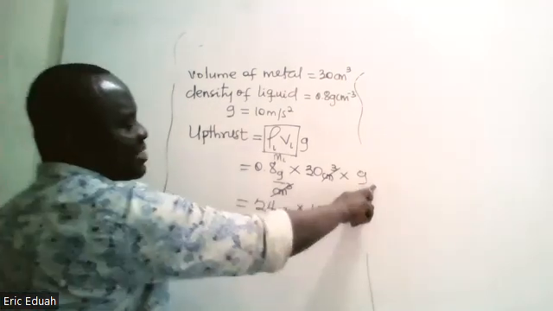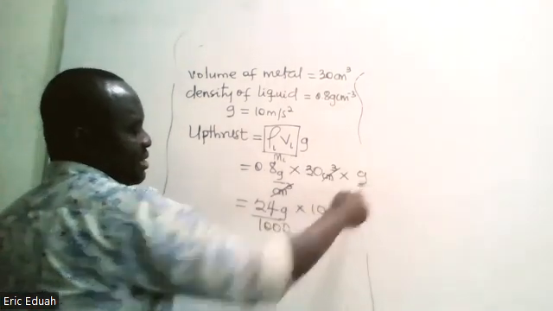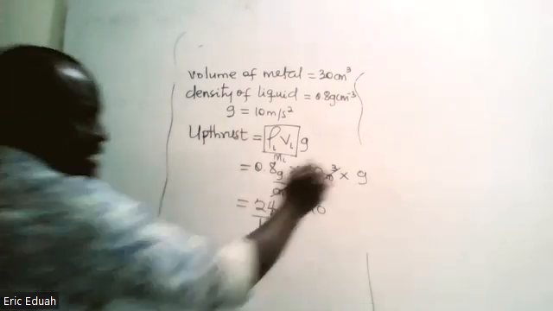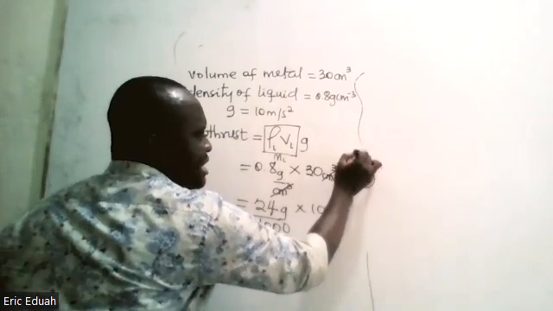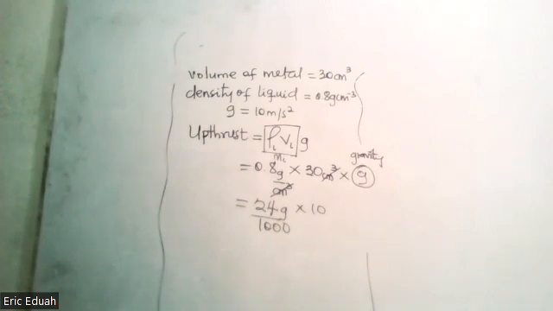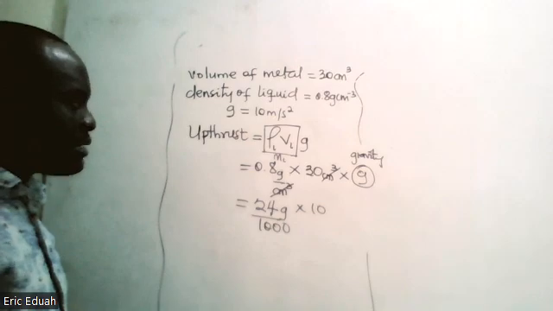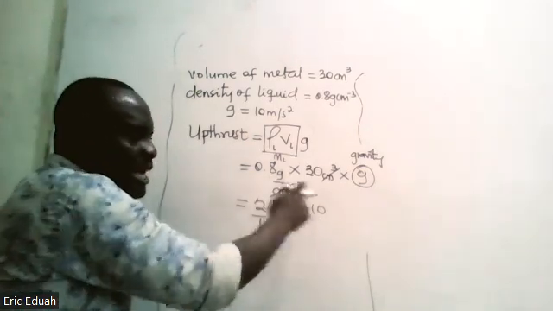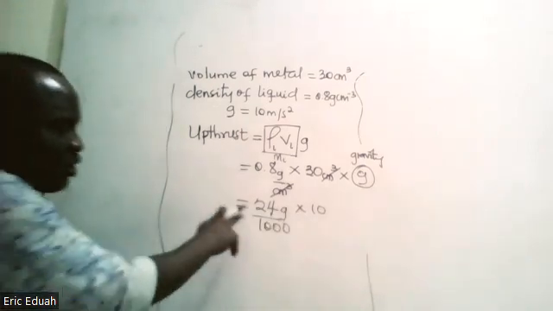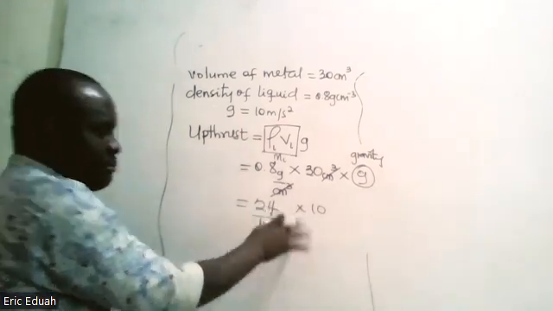No, this is not gram, this is g, gravity, acceleration due to gravity. So it's 24 grams times gravity, but you can't multiply the mass in gram by 10 unless you convert the mass into kilogram.